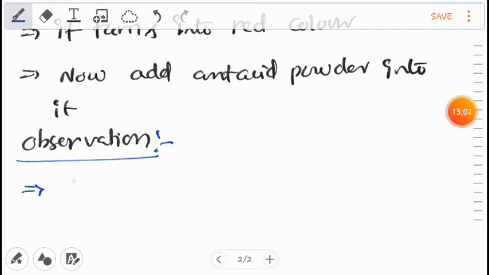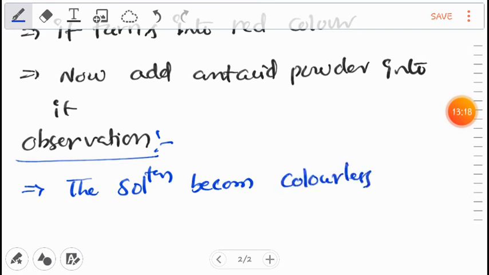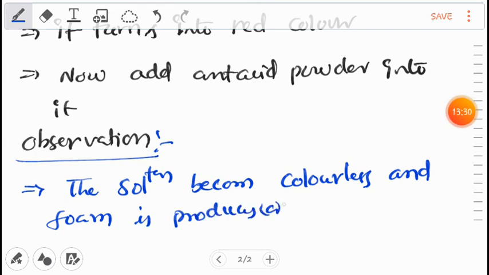Naturally, if you do the same experiment in the laboratory, the red solution becomes colorless. So the solution becomes colorless and foam or bubbles are produced.